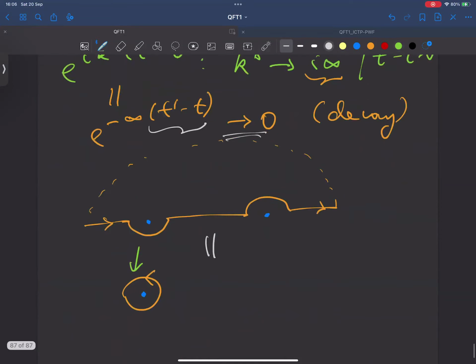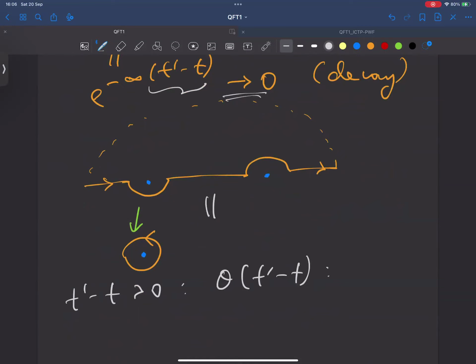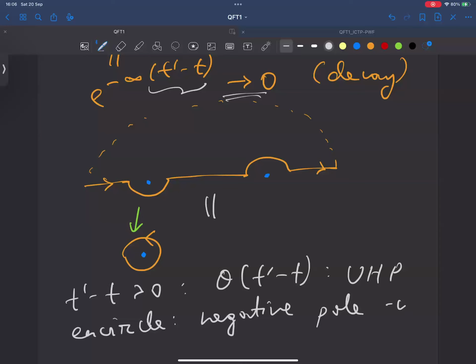So for the case where t prime minus t is positive, that is when you have the term that multiplies theta of t prime minus t, we will consider the upper half plane, and that will encircle the negative pole, which is this minus omega k pole.